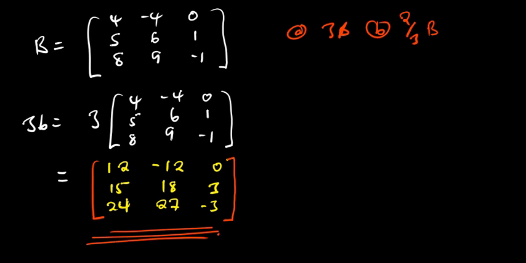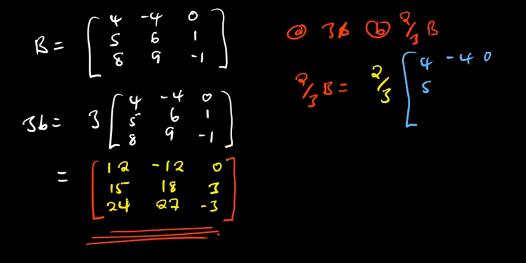What if we now want to find 2 over 3 B? So 2 over 3 B is going to be 2 over 3 times the figures you have in the matrix: 4, 5, 8, -4, 6, 9, 0, 1, -1.